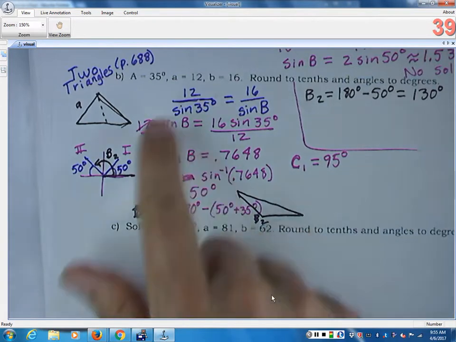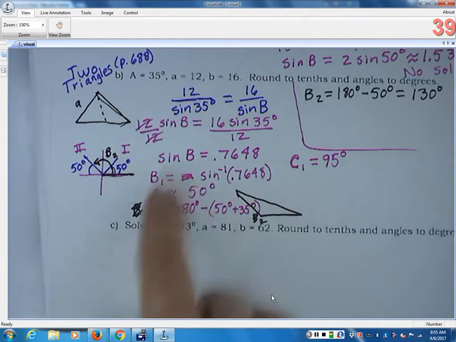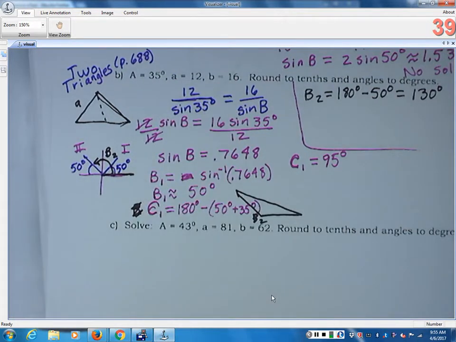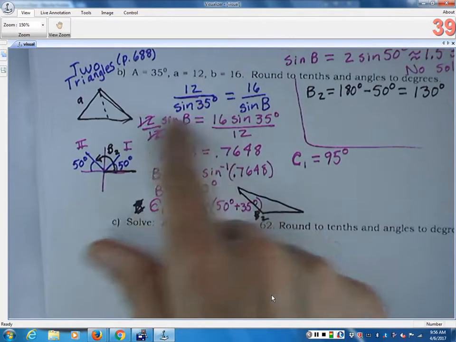Now we have all the angles for this first triangle. Now we need side C. So we're going to use the law of sines. This is our known side.